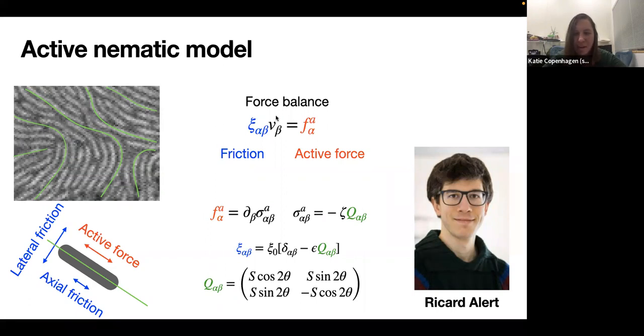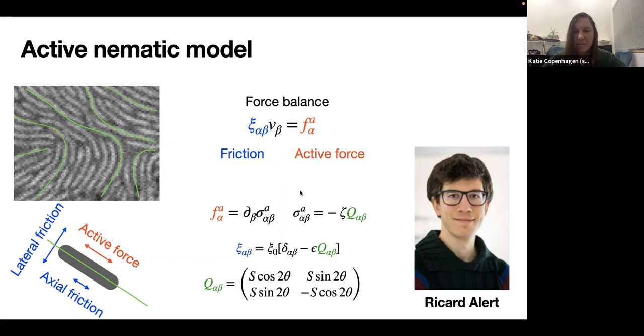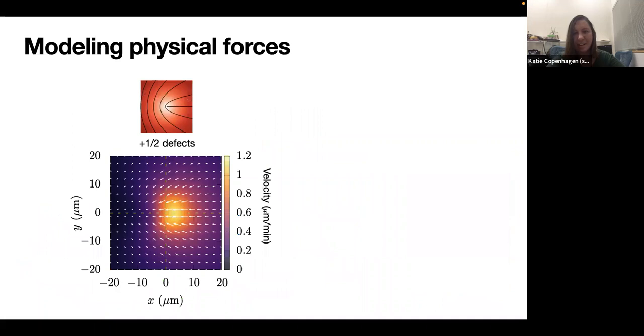Okay, and using this force, can you also see the annihilation of defects, or is this just for the formation? In the model, it's basically to calculate the flow fields around static director fields. So this doesn't involve any motion or changing director field.